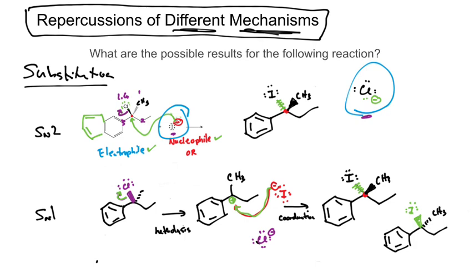What things are going to favor a backside attack versus 2 steps? If I'm going to do a backside attack, what would I expect of my substrate? What should be on the backside of that leaving group bond? Big things or small things? Small things. So what I would do is look at where my leaving group is and ask, what's on the backside?